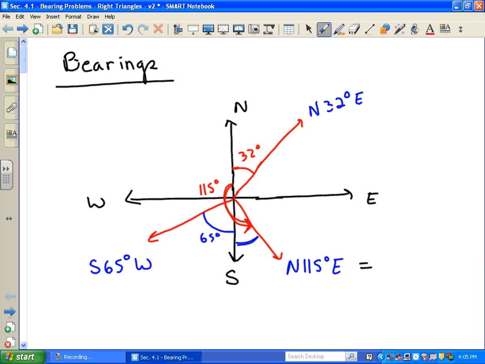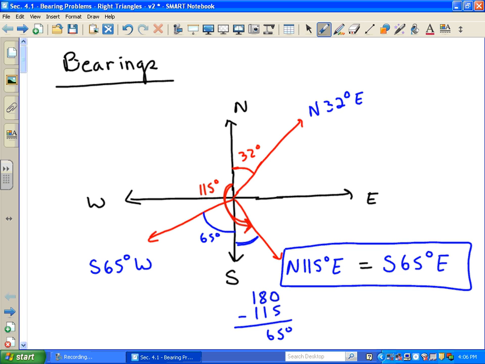The measure all the way around from north to south would be 180 degrees. If you took 180 and subtracted off 115, then you would get 65 degrees. And so instead of north 115 degrees east, you could say south 65 degrees east, and those two bearings would be the same value.